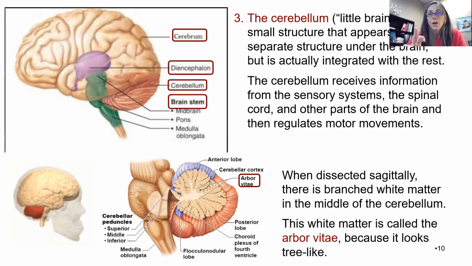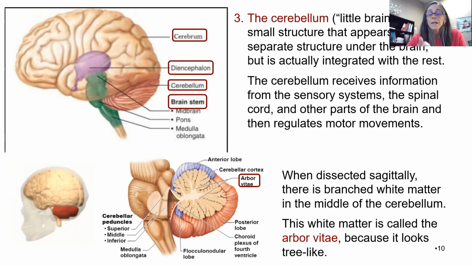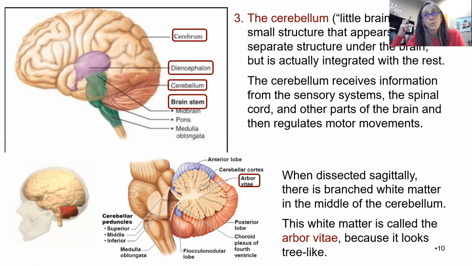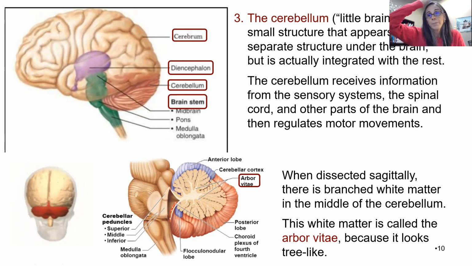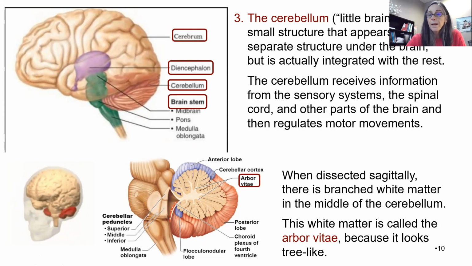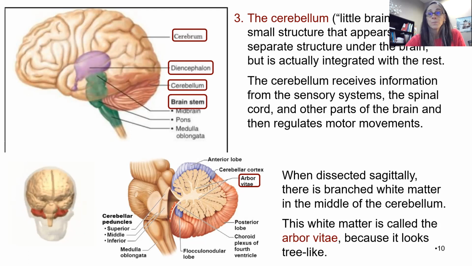Key point: to regulate motor movement is not to initiate. Initiation of gross motor movement is done by the cerebrum, the frontal and parietal lobes. So the cerebellum's job is pretty much coordination of those movements.